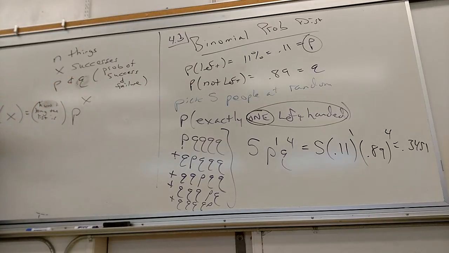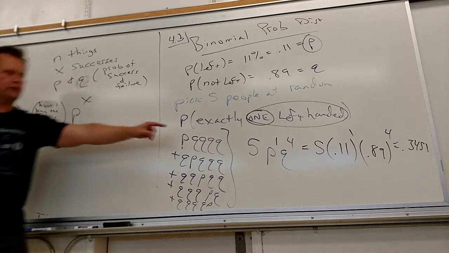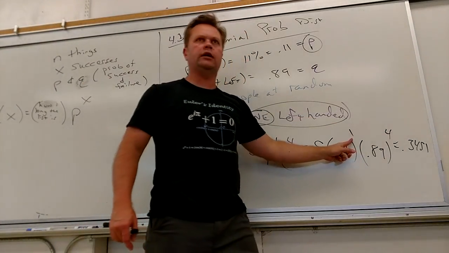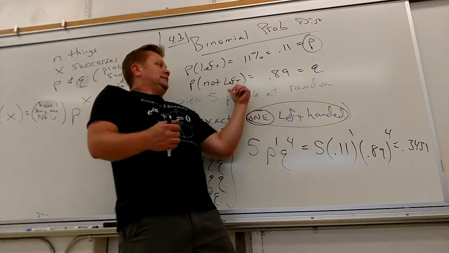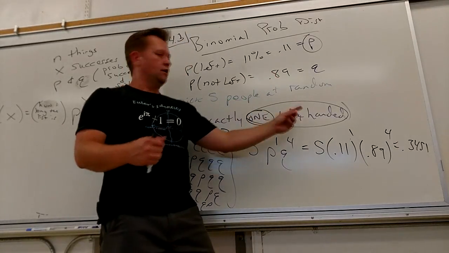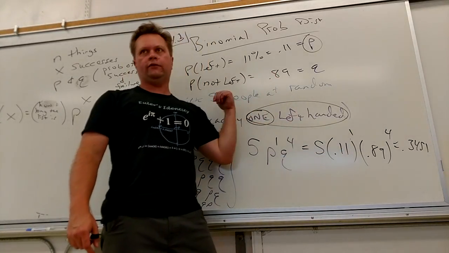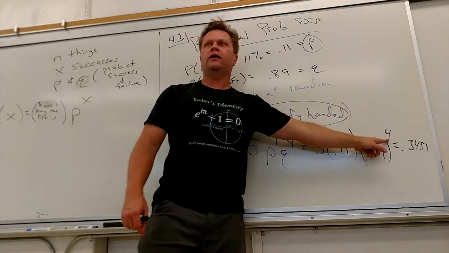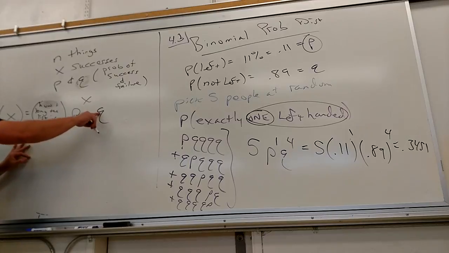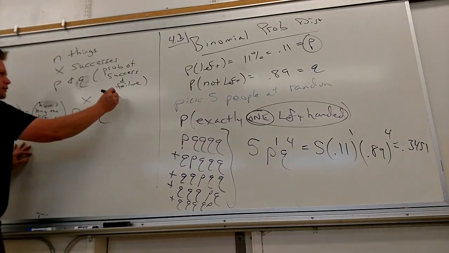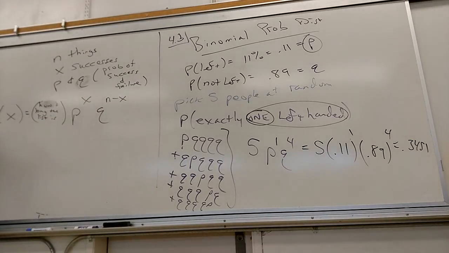Now here's the weird part of the formula, but it's an easy part. Why was that a 4? Because that's a 1, and how many total people did I have? 5. So if I got 1 here and I got 5 total, the rest, 5 minus 1, is 4. So in general, how many failures am I going to have? The total minus the successes. That's going to be what's left. So the formula makes it look harder than it really is. It's just the rest. Okay.